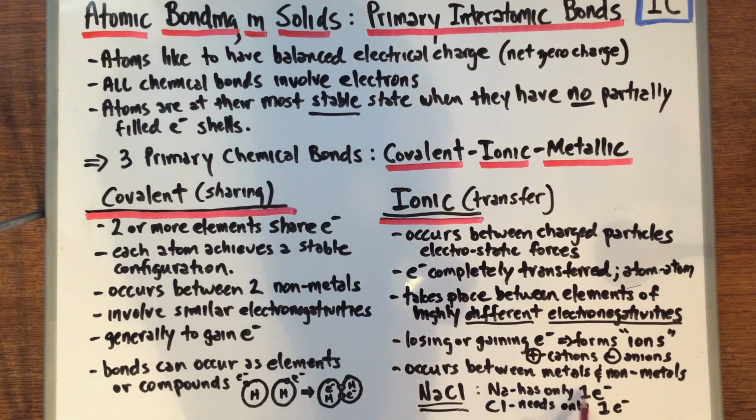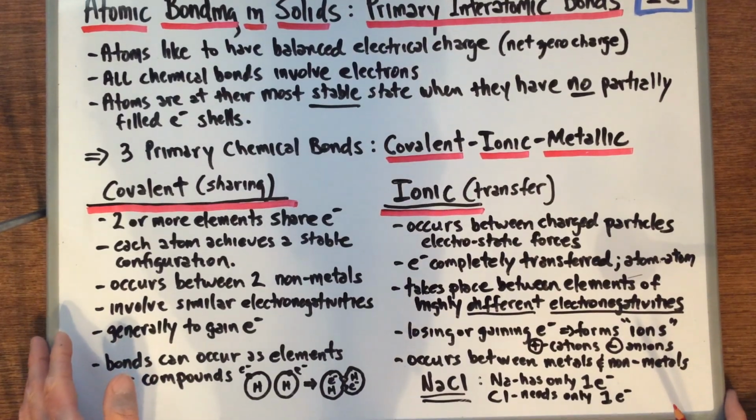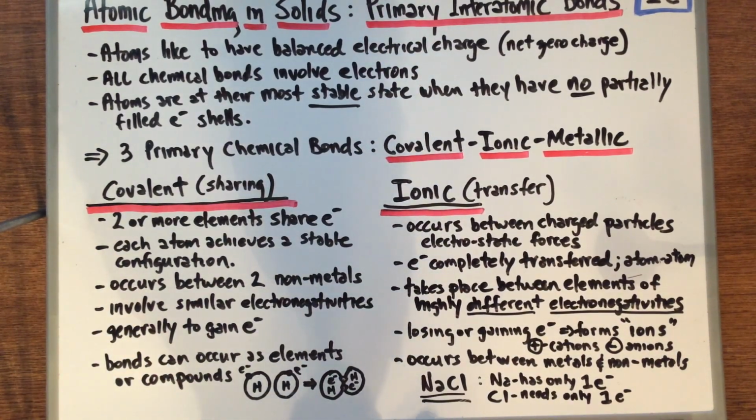Sodium has only one electron in its outermost shell, and chlorine needs only one electron. So obviously the sodium gives it up and the chlorine takes it, and they're both happy, with a stable outer valence shell.